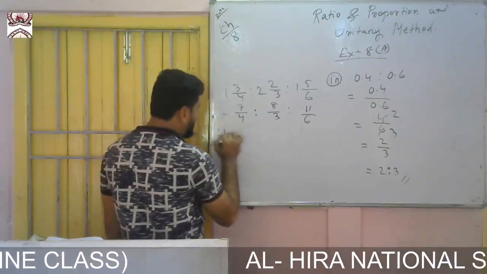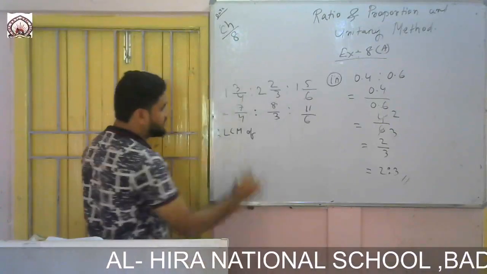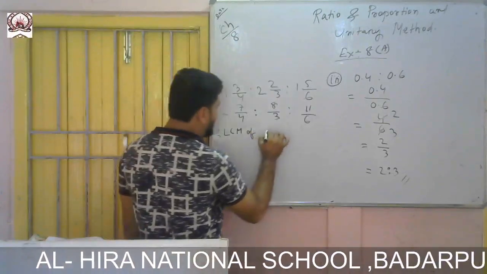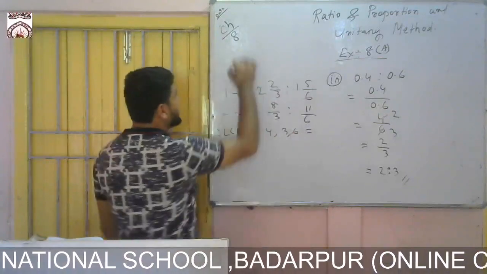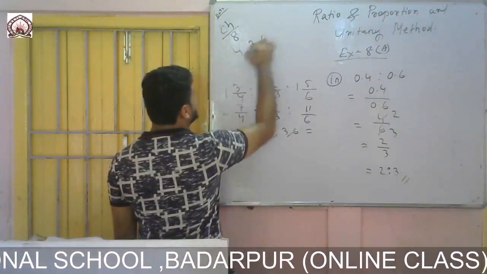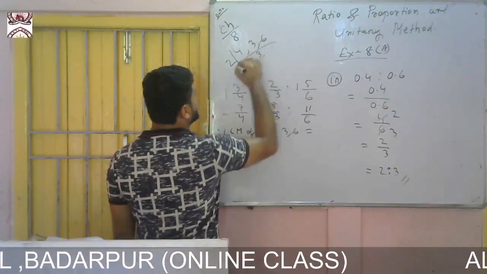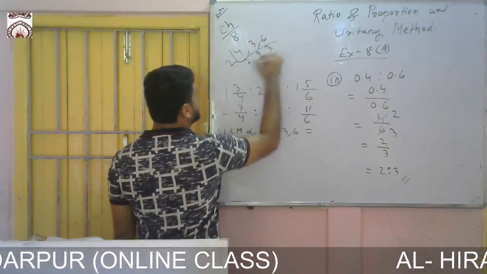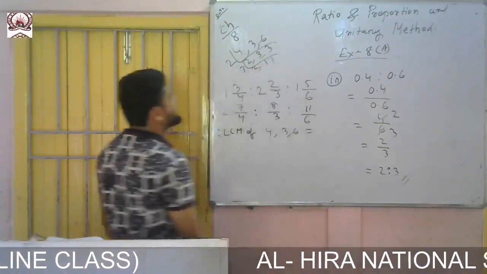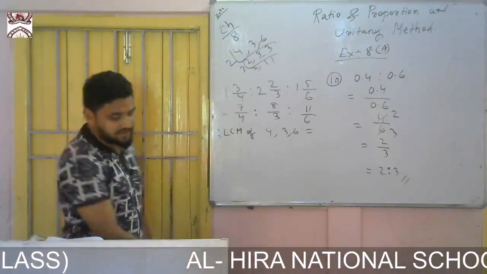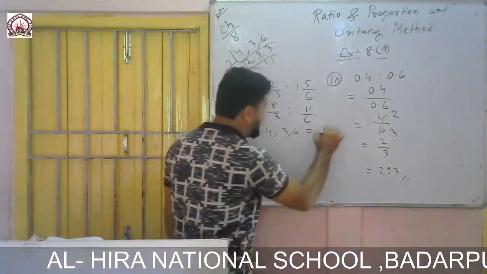Therefore LCM of 4, 3, 6: 2 2s are 4, 2 will remain same, 3 remains, so LCM is 3 2s are 6, 6 2s are 12. So LCM equals 12.